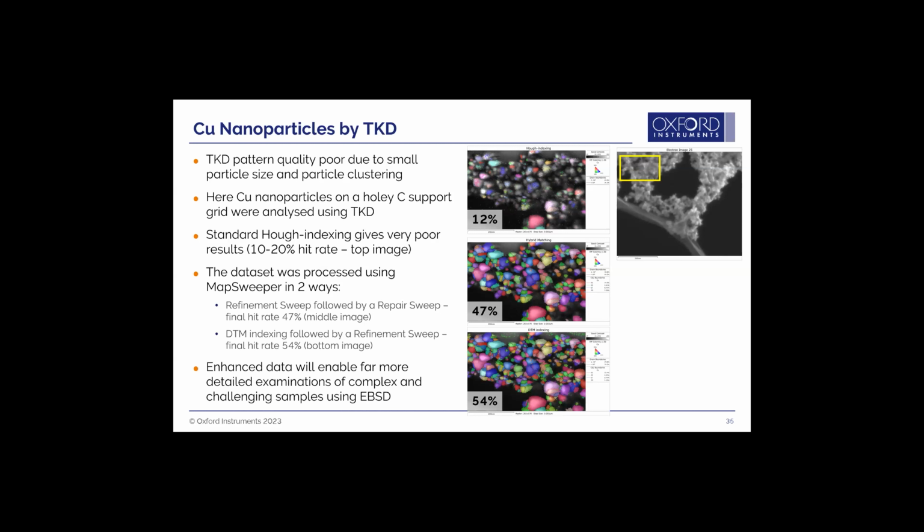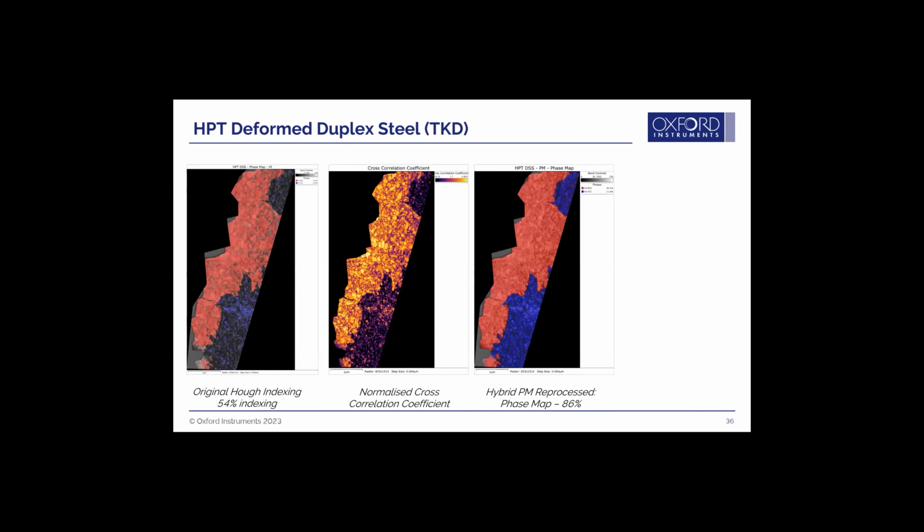If we do dynamic template matching followed by the refinement sweep, it's a little odd to do DTM followed by refinement because there is a little bit of refinement built into the DTM, but this can improve it a little more. We got to about 54% with that. When you look at the two side by side, you realize that you didn't create any data differently between the two setups.